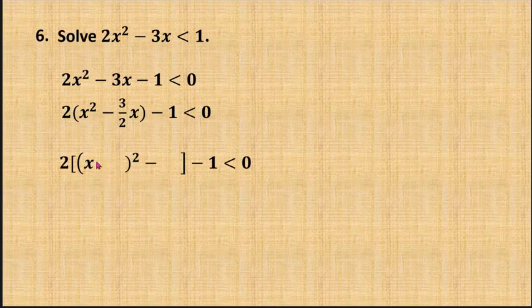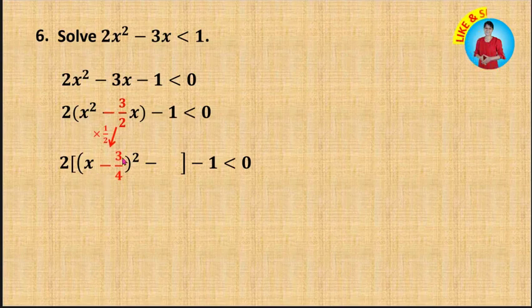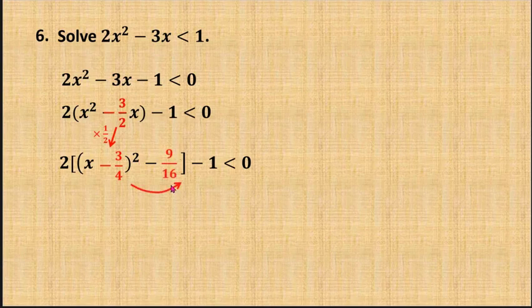This value is obtained by using the coefficient of x times 1 over 2, and I got negative 3 over 4. This value is the square of this value, and I got 9 over 16. Now completing the square, done.